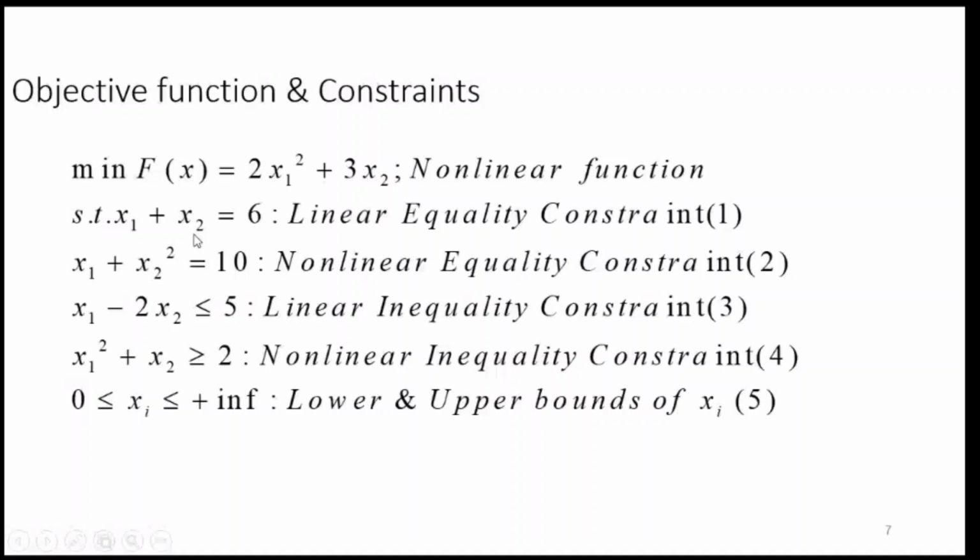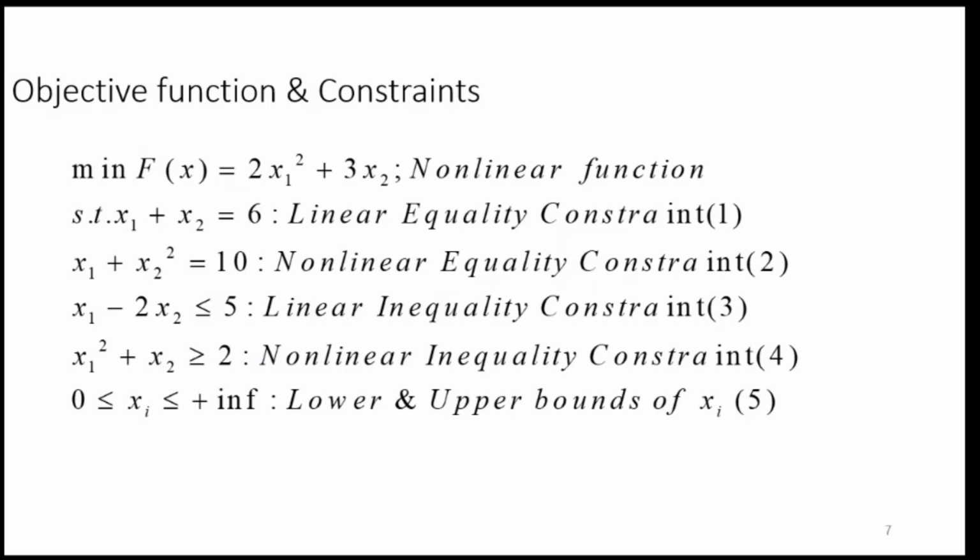Similarly, there is another equality constraint, where you obtain the values of x1 and x2 using optimization, and the obtained value should be such that the LHS is equal to the RHS.